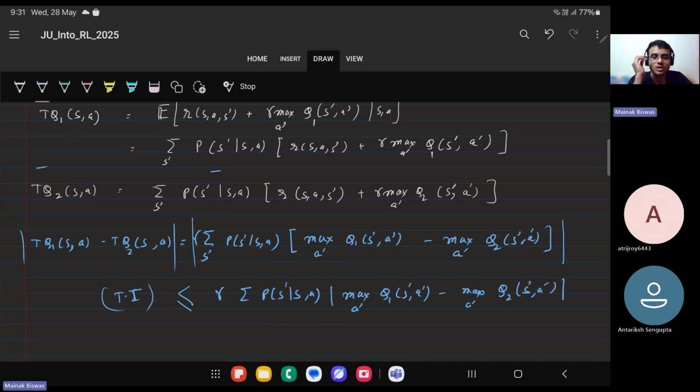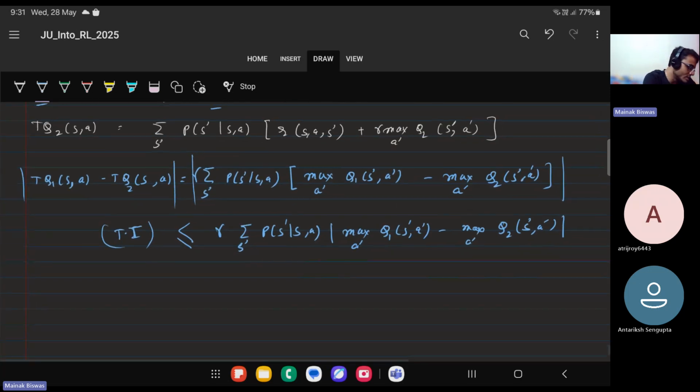I just used triangle inequality. This is fine. Now, what is the goal that I have? Can you tell me? See, I will tell you what result I'm using, and then I'll prove the result a little later. Then it will be easier for you to follow.